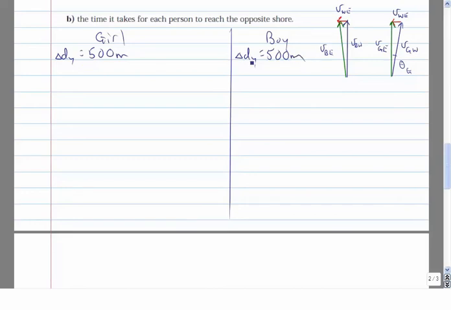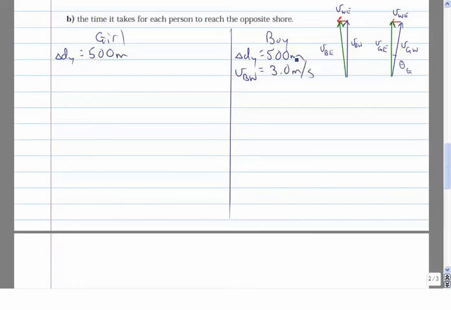Let's analyze the boy's case because it's a little bit simpler. We'll look at his velocity in the y direction, which is just his velocity with respect to the water, which is going to be 3 meters per second.